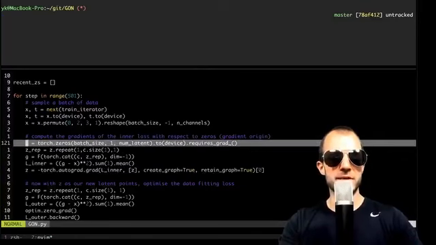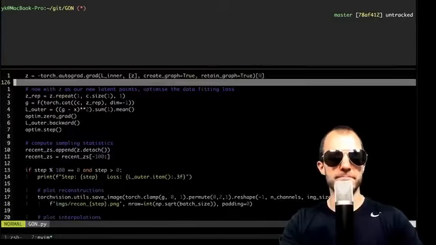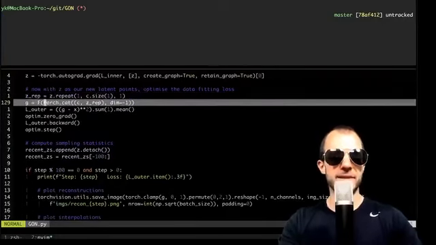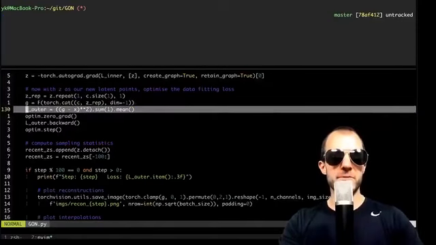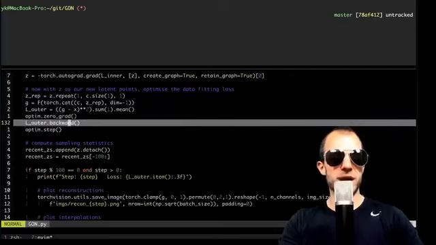So this z up here is z0, and this z down here is going to be our true z from the paper. We are going to concatenate that again with the coordinates to obtain the g, which is the kind of reconstruction of x, and then our outer loss is going to be simply this reconstruction loss right here, and then we're going to backward to all of the parameters.